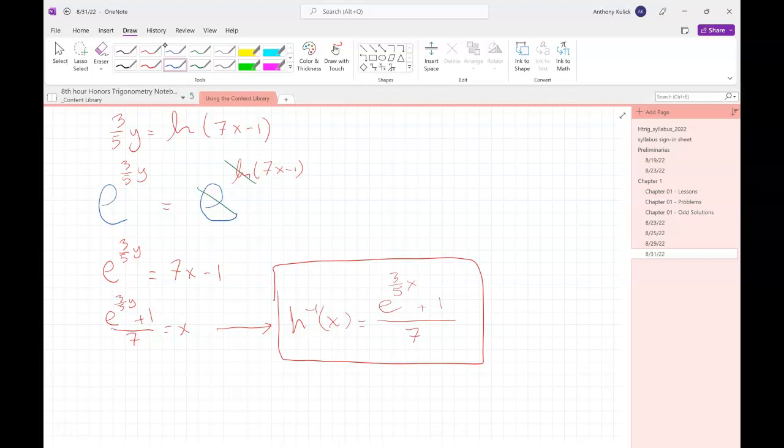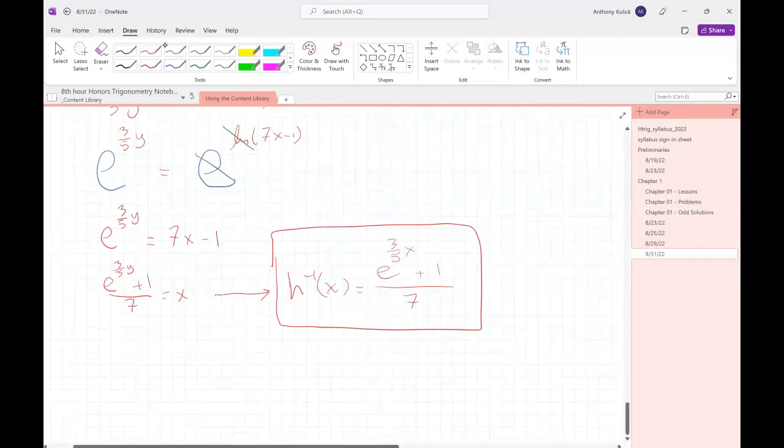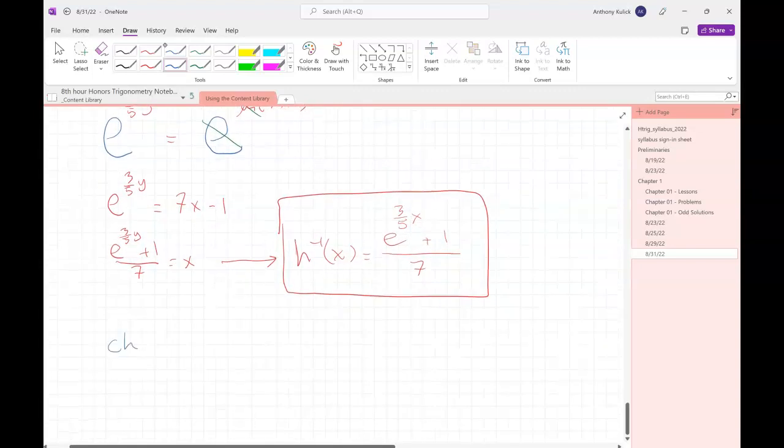Does that feel okay? Yeah, should be all right. Let's do the check, though. Again, the algebra here is good review. Do we actually have to do the check when we find the inverse? Not unless we're asked for it in the directions.